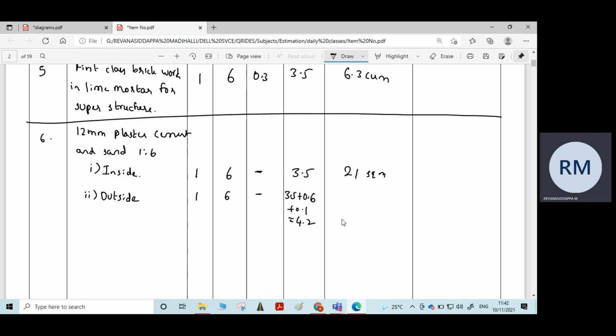Tell me the answer. How much? 25.2 square meter. In the remarks column, you can write 3.5 plus 0.6 plus 0.1. This you can mention as 10 centimeter below ground level.